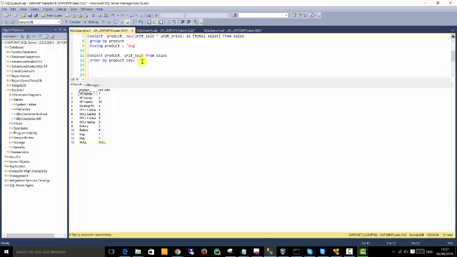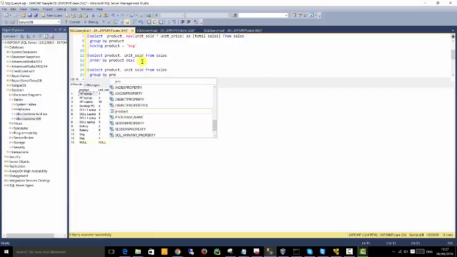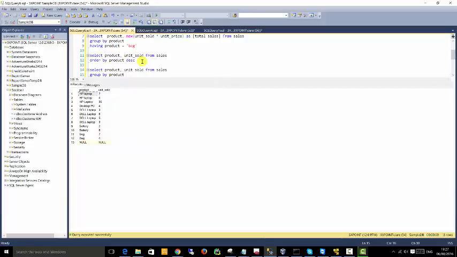All right, so the reason why you would want to do that is this. Let's say I now want to select product, units sold from sales. Now I say group by product and units sold.